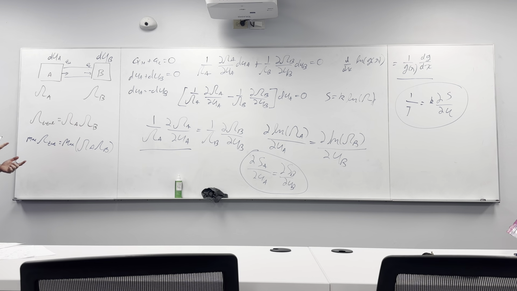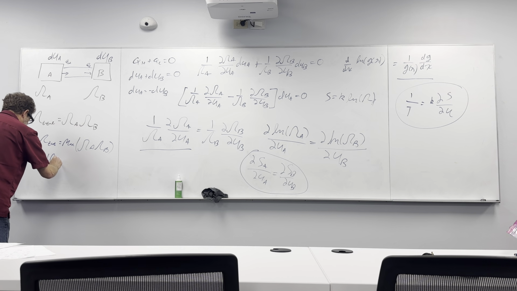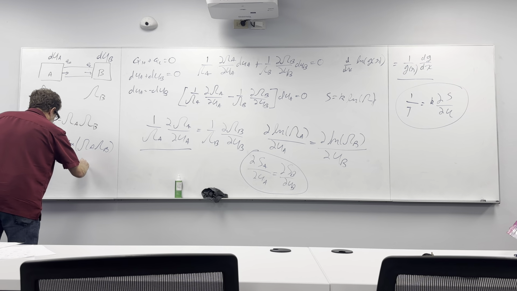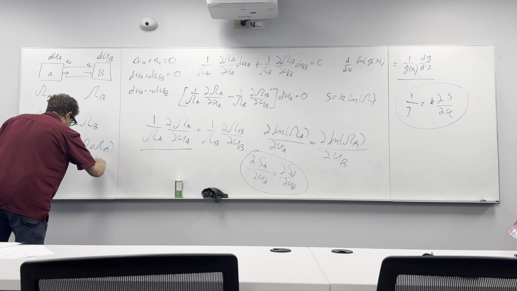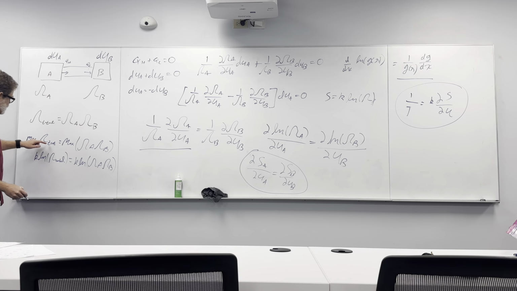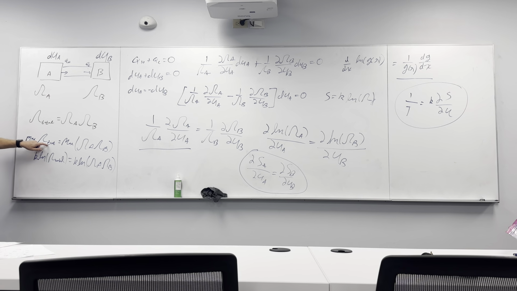But I can write this as K ln of sigma total, which is K ln of sigma A times sigma B. Because if I want to maximize the product, that's also maximizing the log of the product.